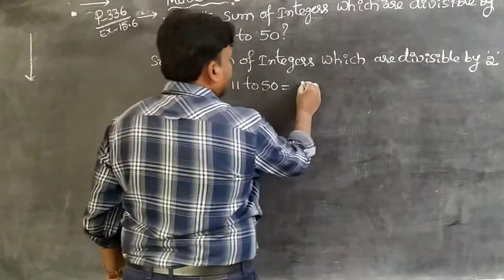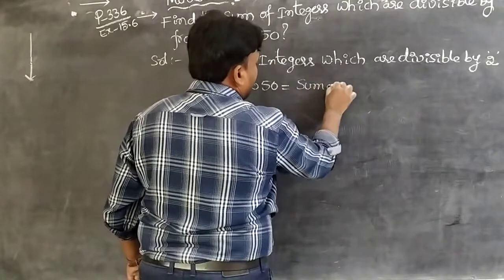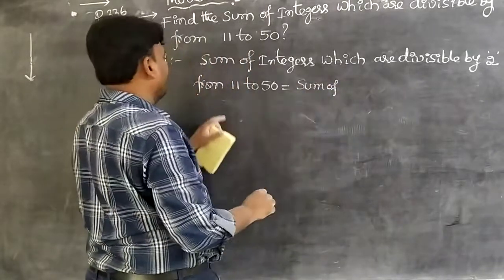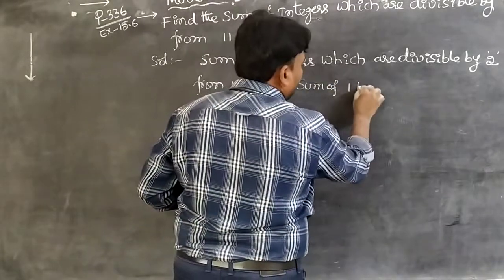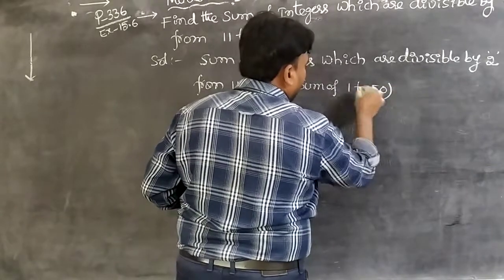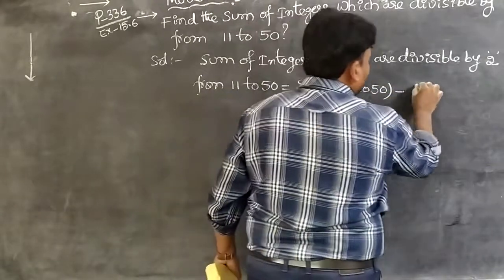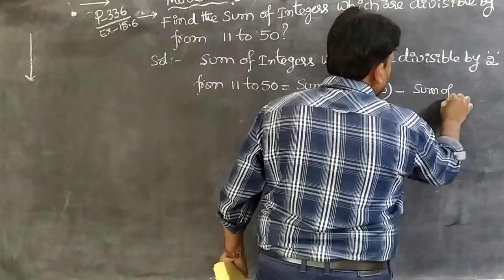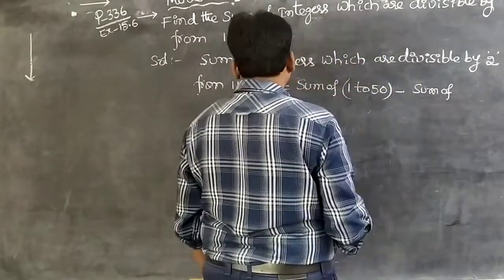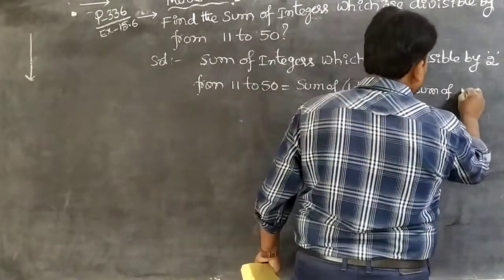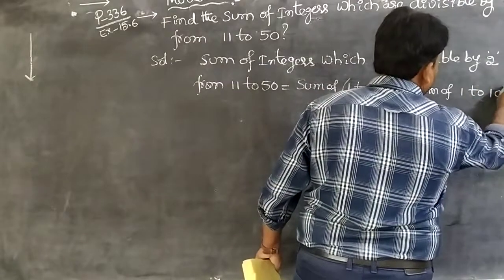So next, sum of integers which are divisible by 2 from 1 to 50. First of all, 1 to 50 minus the sum of integers which are divisible by 2 from 1 to 10.